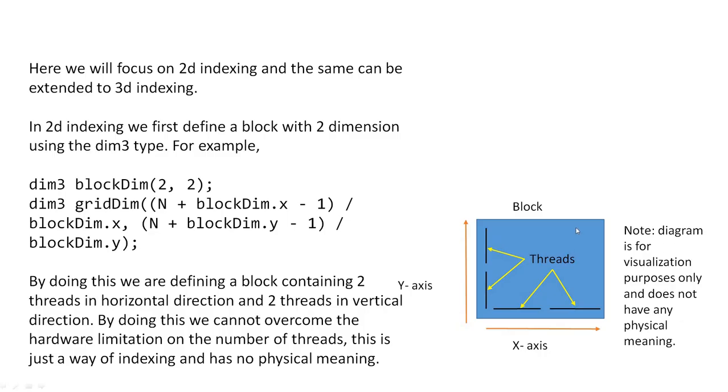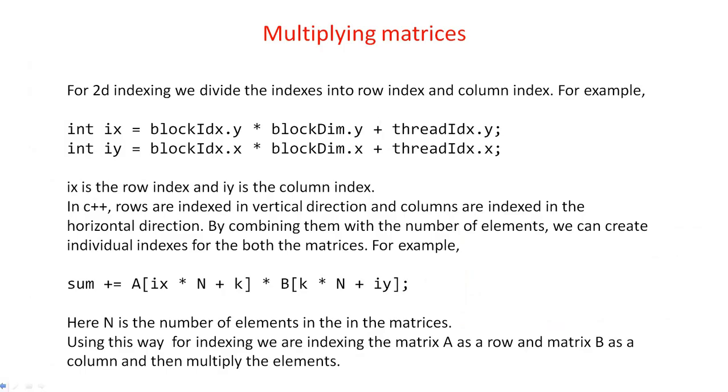Pictorially you can express it like this. It's very simple: 2 threads in y, 2 threads in x. Now indexing is done. Earlier we had a single index i.